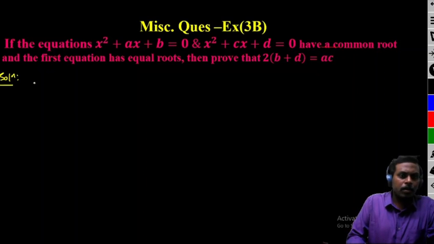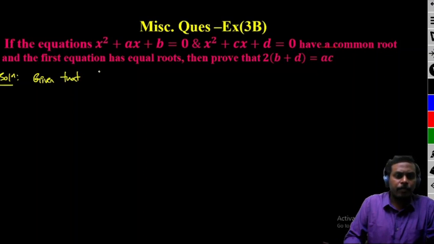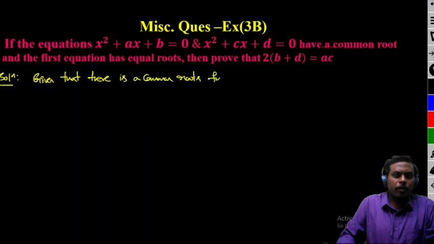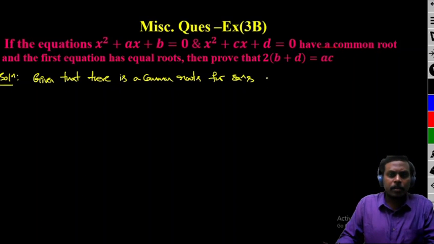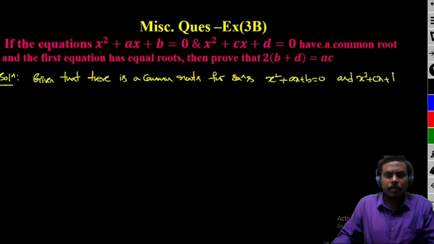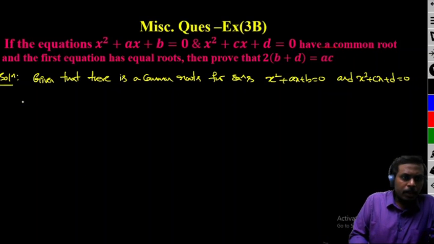Here is the solution. It is given that there is a common root for the equations x square plus ax plus b is equal to 0 and x square plus cx plus d is equal to 0.